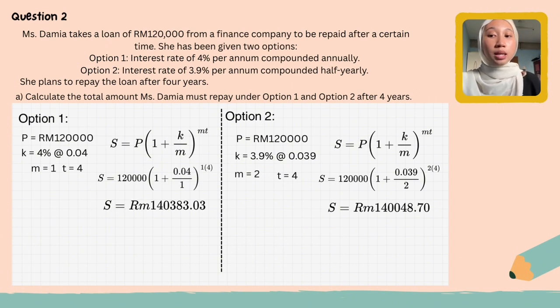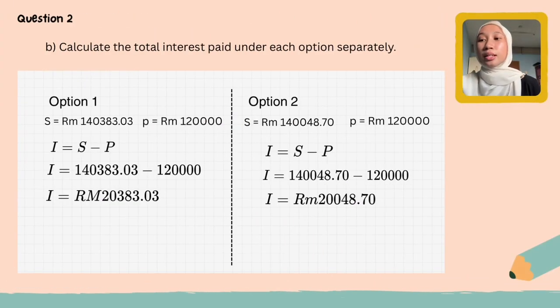Option 2, the same as option 1. So S equals 120,000 bracket 1 plus 0.039 divided by 2 to the power of 2 multiplied by 4. So S for option 2 is RM140,048.17.